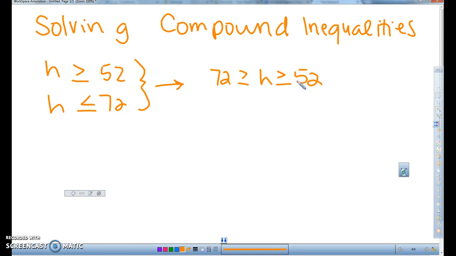A compound inequality containing and is only true if both inequalities are true. So if you see the word and, like this and this, it is only true if both of them are true. And when we see the word and, we should be thinking of an intersection.